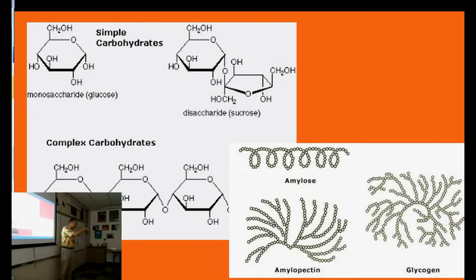It's a spiral made up of hundreds and thousands of sugar molecules. Okay, so these things can get very, very big. These, your body has a really hard time getting nutrition from. They tend to just become fiber in your diet. Your body can take 1 and 2 and 3 sugar molecules and turn them into energy.